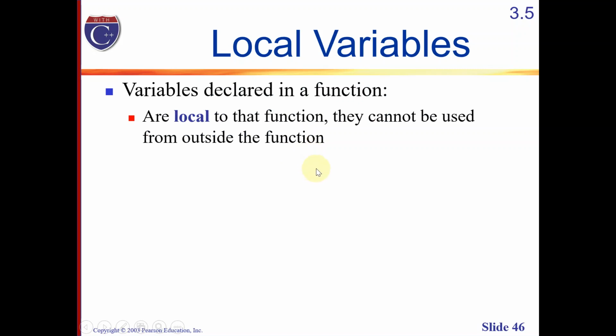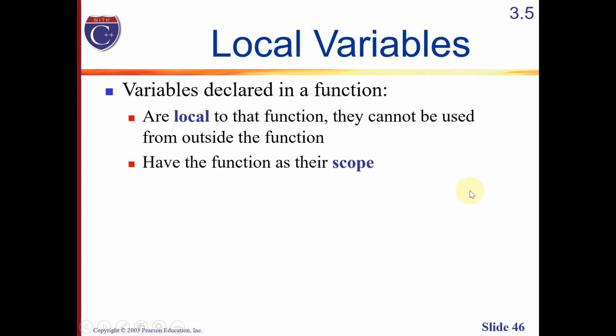Let's first understand variables declared in a function. We must understand that they are local to that function, meaning they cannot be used from outside the function, which means they only have the function as their scope.